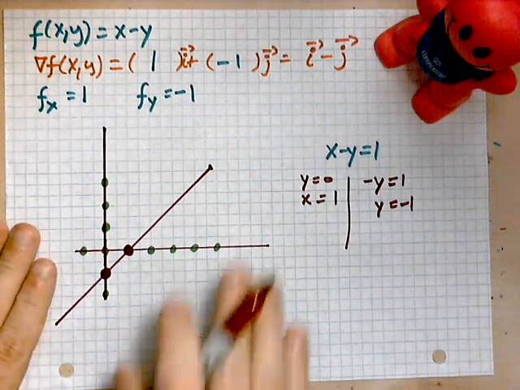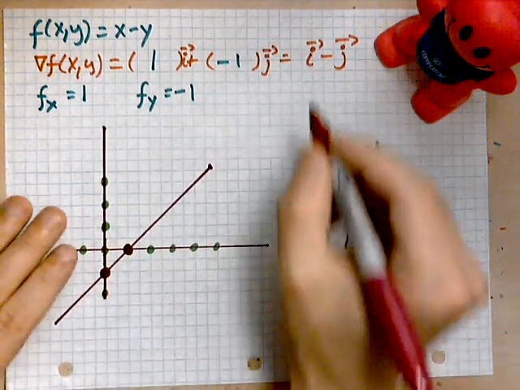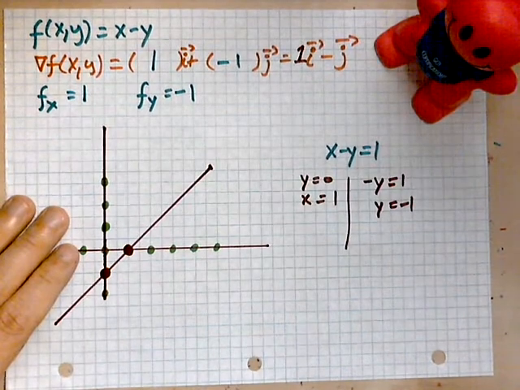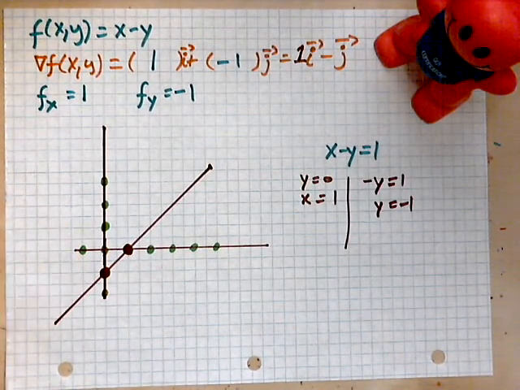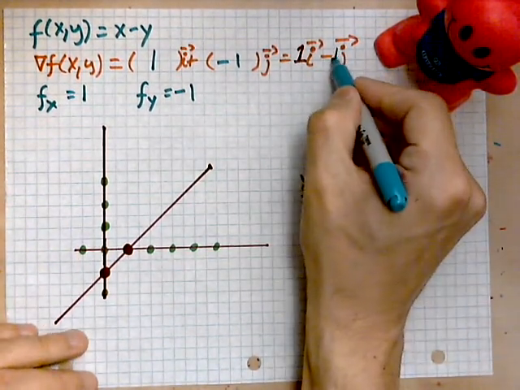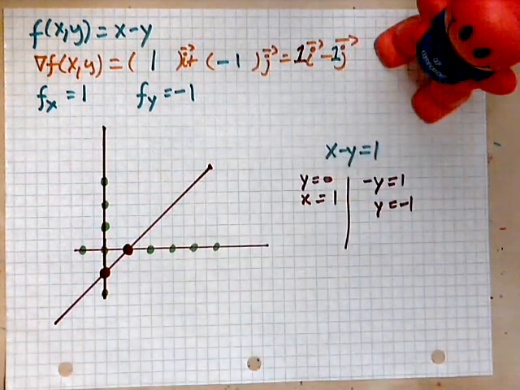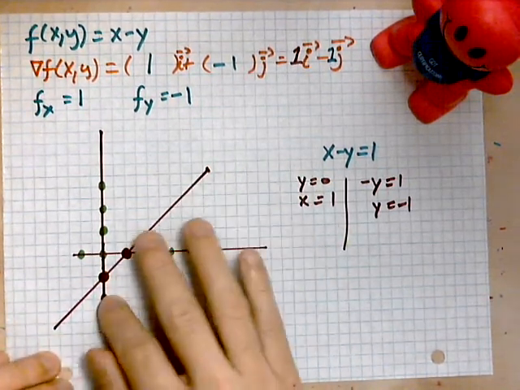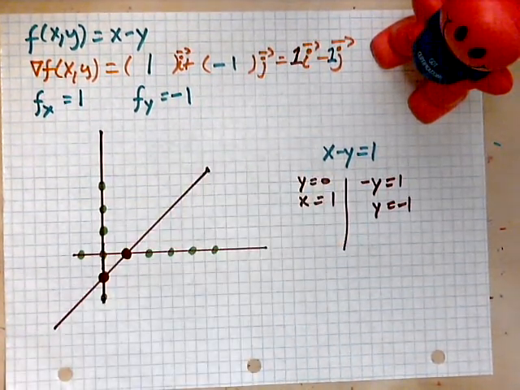Now, let's draw a picture of the gradient. What are the components of the gradient? There's a positive 1, and in front of the j, though we might not write it, there is a negative 1. Like this. So those are the components of the gradient: 1i and minus 1j. So that means choosing any point you like, draw that gradient as follows.